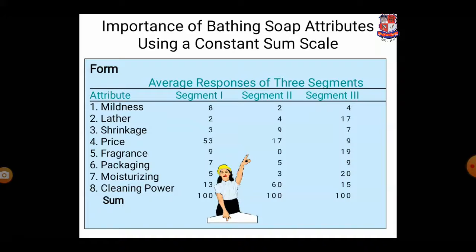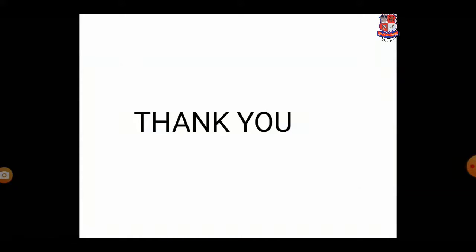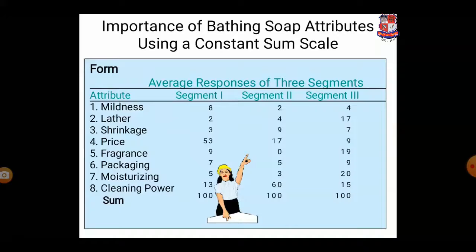For segment 2, 60 points are given to cleaning power, so we can say that for segment 2, cleaning power is the most important attribute. For segment 3, 20 points are given to moisturizing, so compared to other attributes for segment 3, moisturizing is the most important attribute.